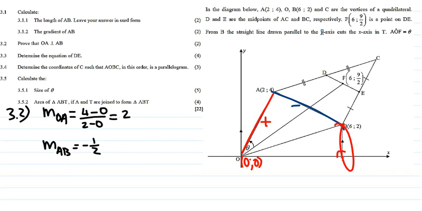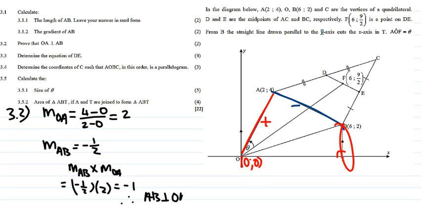So now, the gradient of AB times the gradient of OA is equal to what? -1/2 times 2, which is -1. Now I can conclude, therefore, AB is perpendicular to what? OA.